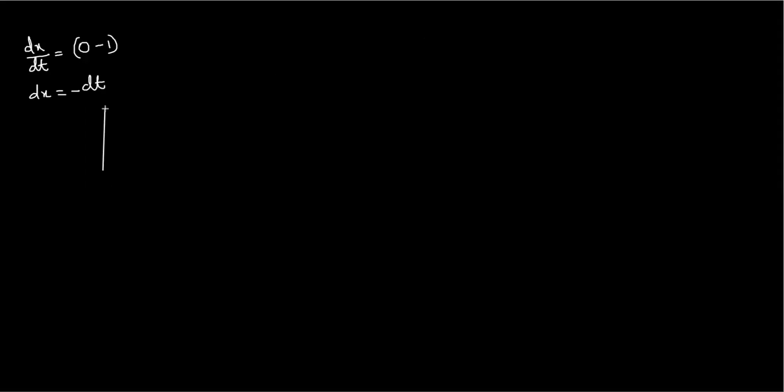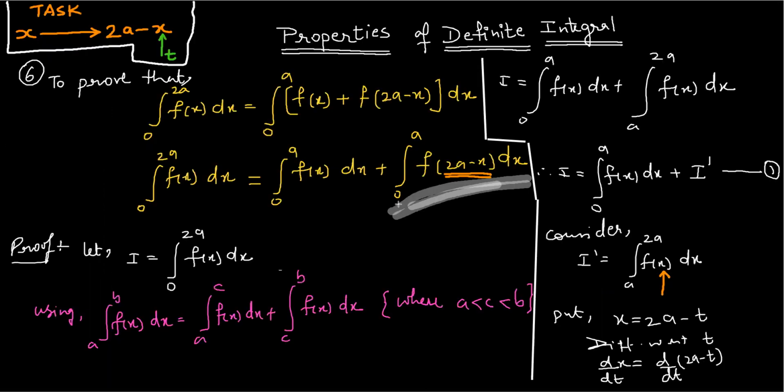And then you will now change the limit so that you can write the new integral. This limit a to 2a is for x.